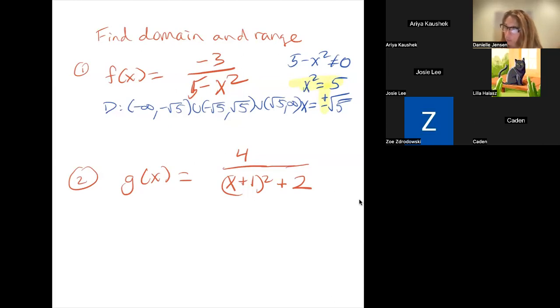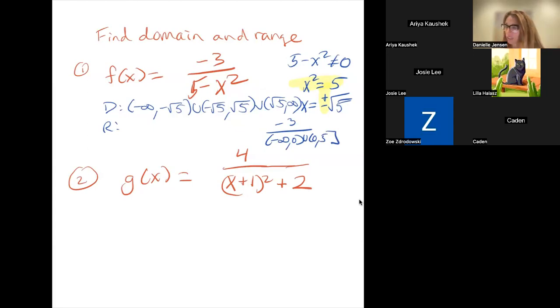Okay, so now with the range, I've got this -3. What's the range of the denominator? Negative infinity to 5, inclusive of 5, but no zero. Exactly, because it's in the denominator, it can't be 0.